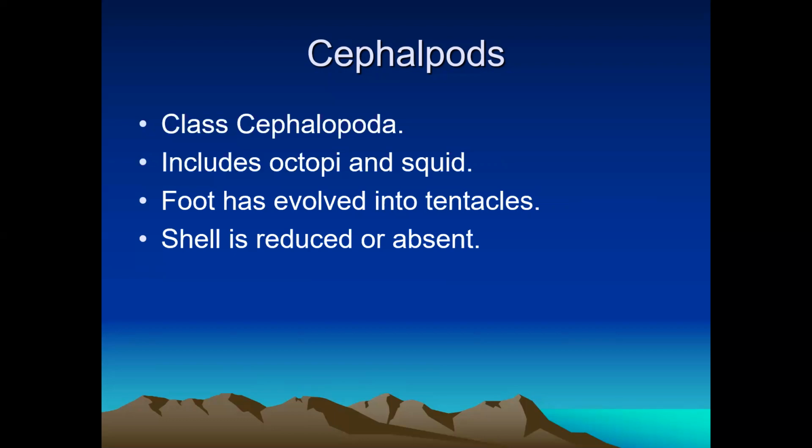But one of them or both of them maybe have what's called a pen. It's P-E-N, and that is a rather flexible piece, almost like a fingernail. It's shell, but it's internal. It's inside the organism.